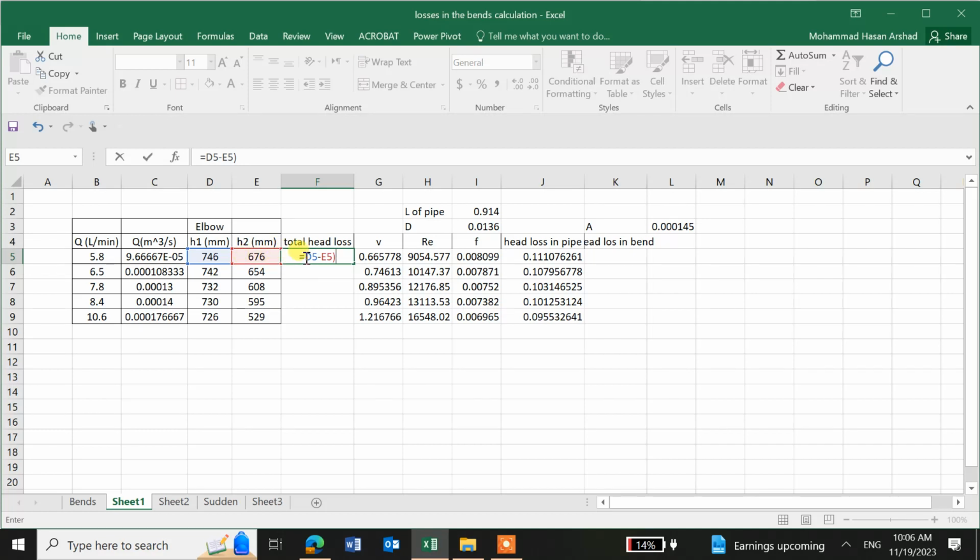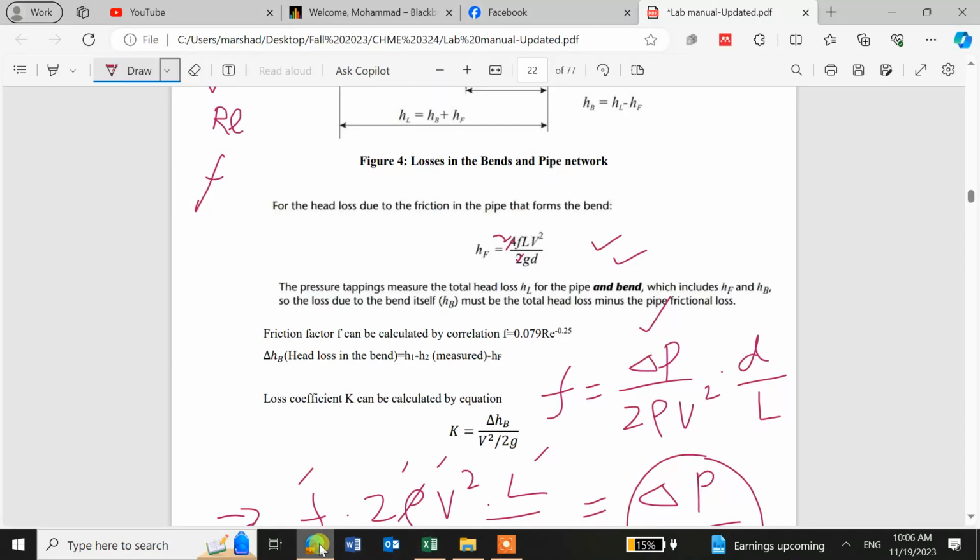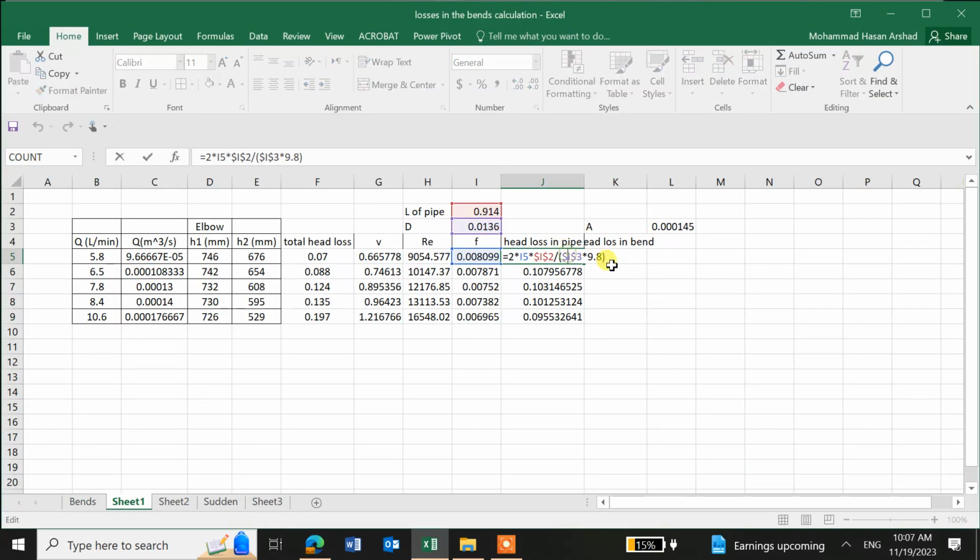So in meters, it will be H1 minus H2 divided by 1000. Okay, here I think there is something. Yeah, V square is missing, times velocity square.